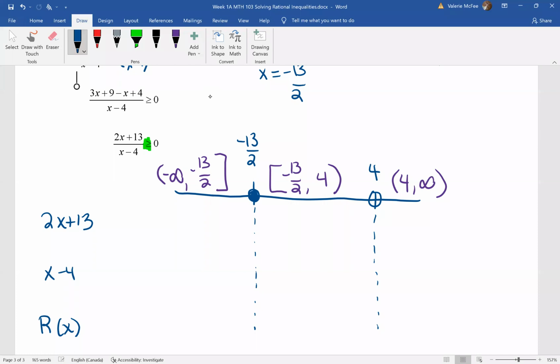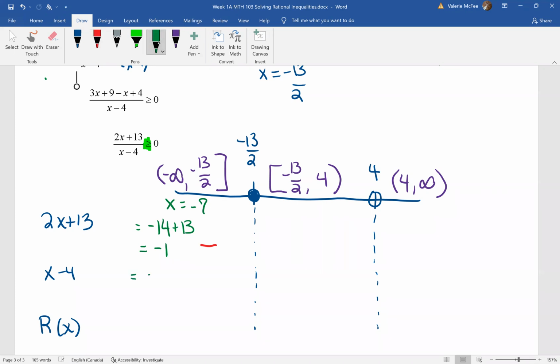We need to choose values of x inside each interval. So negative 13 over 2, that's about what? Negative 6.5? It's exactly negative 6.5. So I could choose x equals negative 7. So 2 times negative 7, negative 14 plus 13 is negative 1. Negative.